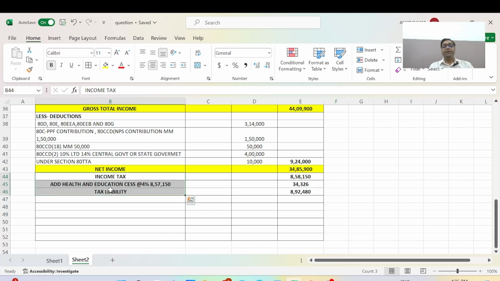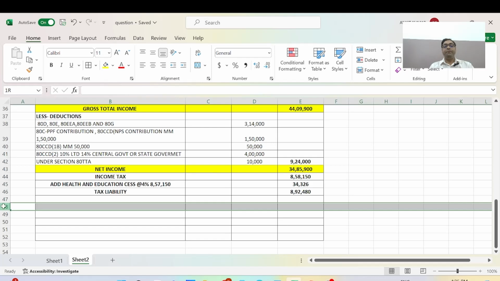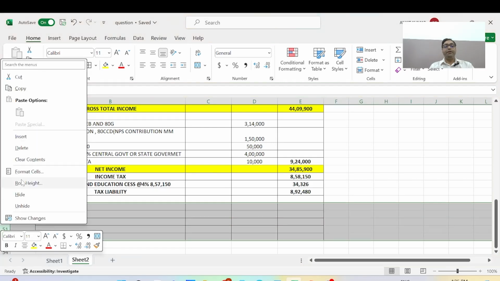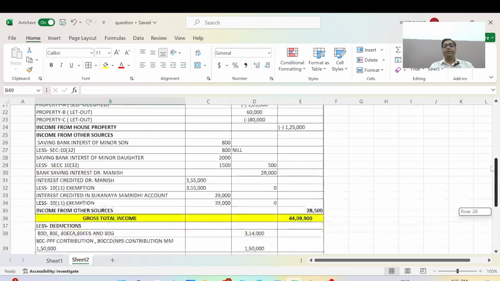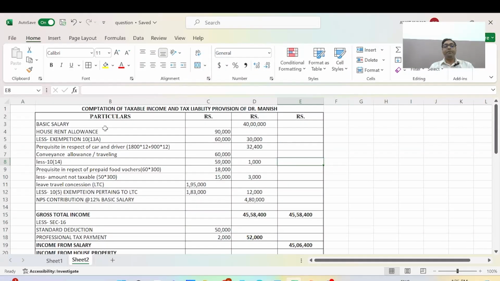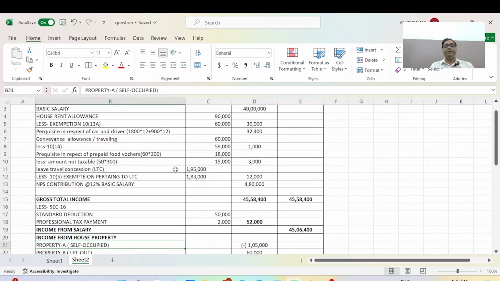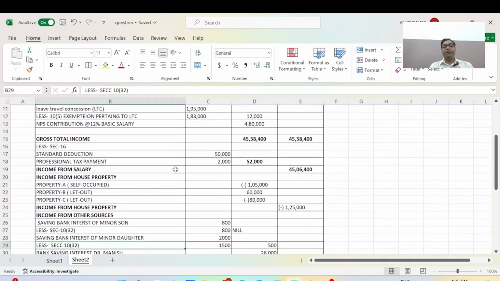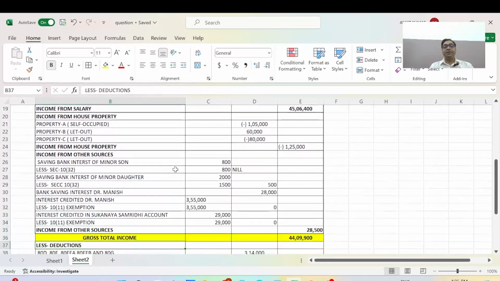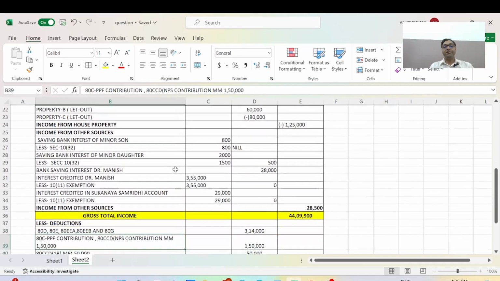Now we will do the other method, the new regime. We have calculated on the basis of the old regime. First of all, gross total income: income from salary, income from house property, income from other sources, all of it becomes gross total income.